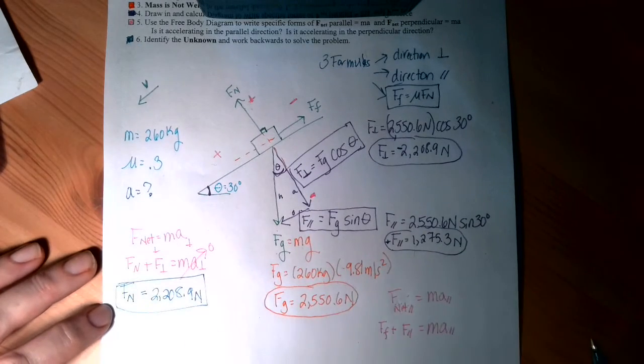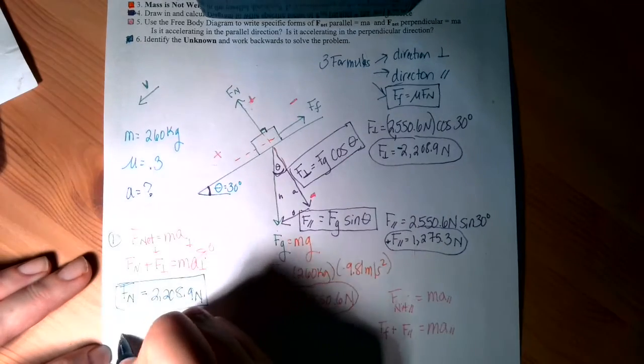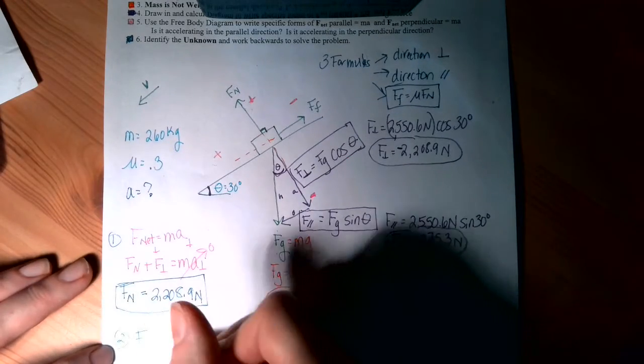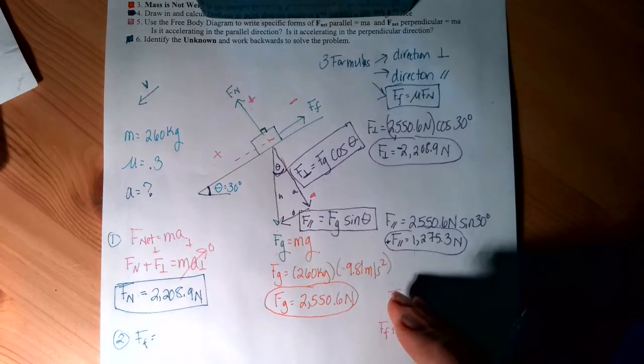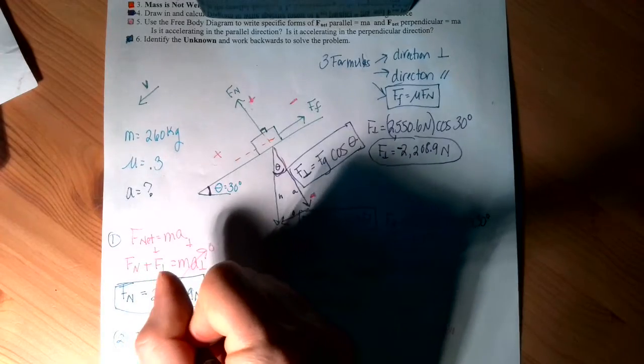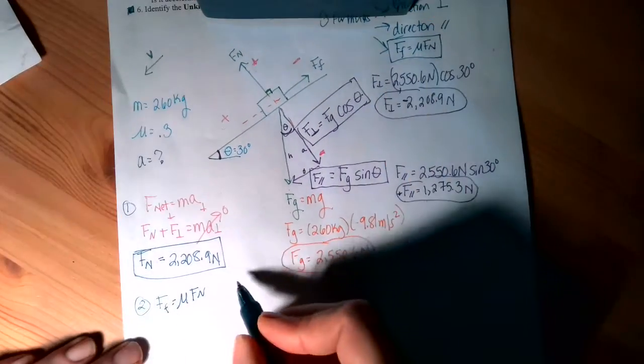All right. And then I can do, so I'm going to do that first. The second thing I can do is I can use FF equals, I'm going to try to get this a little bit more contrast there, mu Fn, to find force friction.